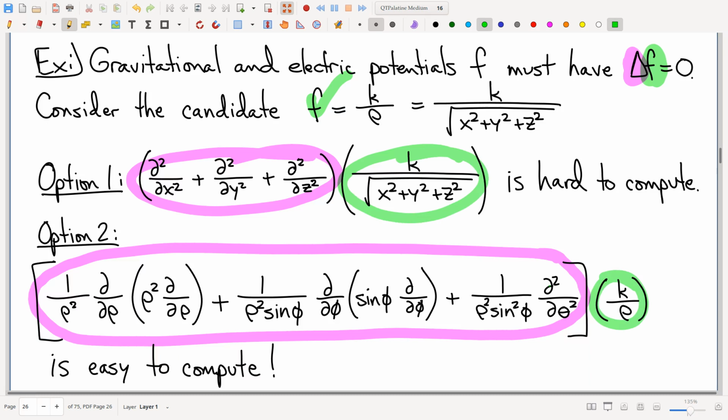But let's peer down the road and see what happens here. The first thing I see is I'm going to have to take a partial of a square root, which I already don't like. It's a square root with a composition, because there's a function inside of that unpleasant function. And side note, it's all in the denominator, which means it's going to be fractions all the way through the calculation. So this is looking a little ugly. Doable, but then I'm going to have to take a partial of that thing, which means the product rule is going to show up in addition to quotient rule, chain rule, power rule.